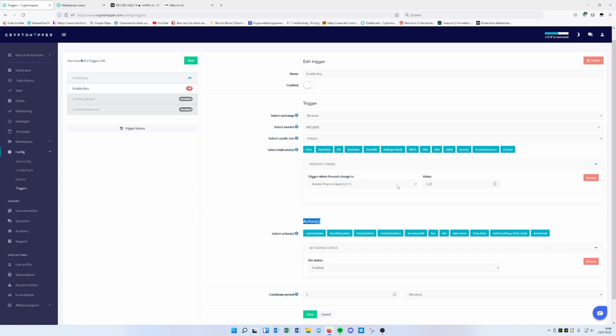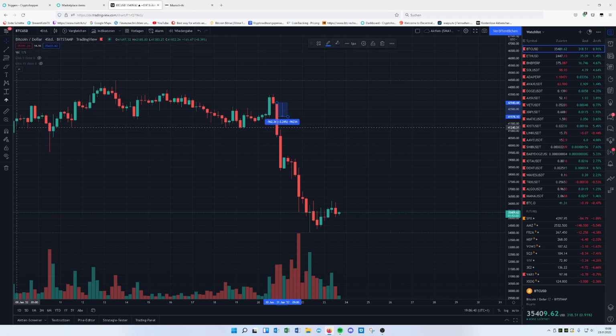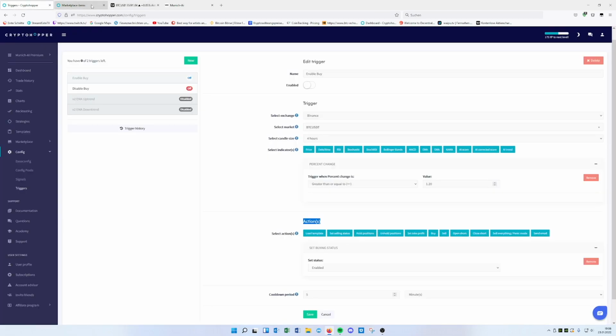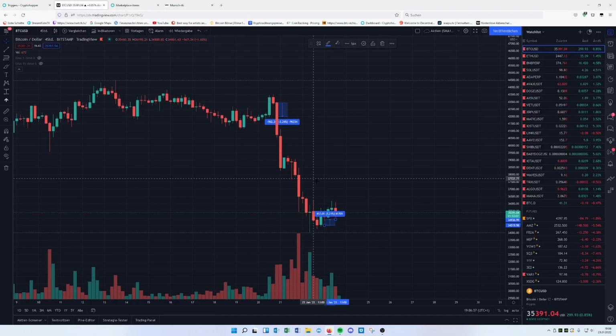We want the hopper to be activated again once we see a certain percentage of going back. So for example, if you have this green candle going back, what was it? I think it was 1.2. Yeah, if we're seeing it coming back to 1.2, so when there's a bit more uptrend again, we want the hopper to be enabled again to trade.